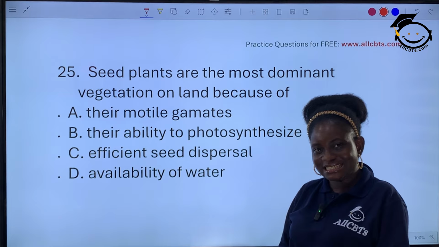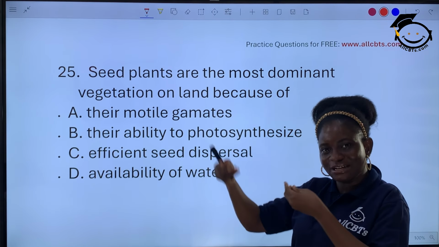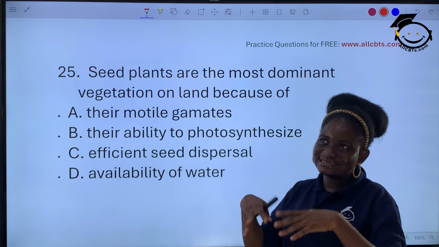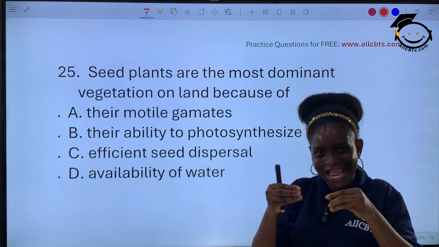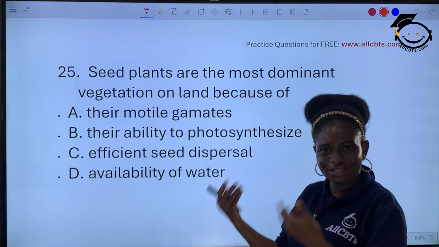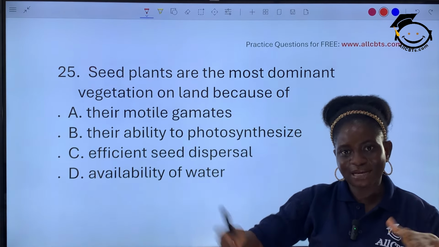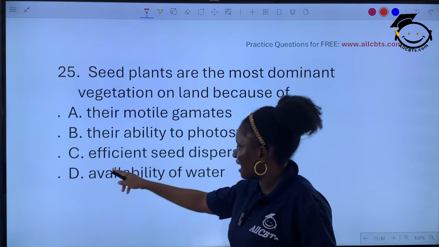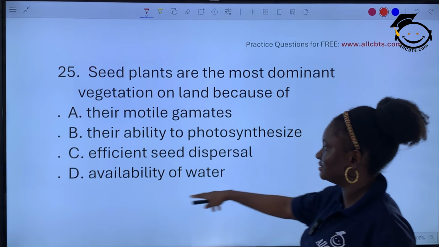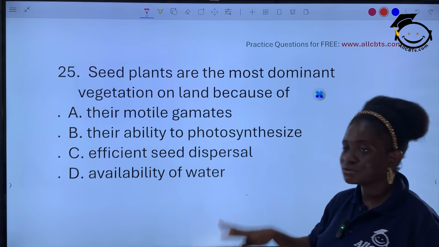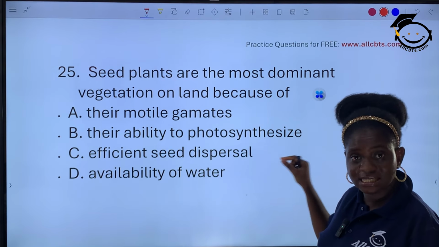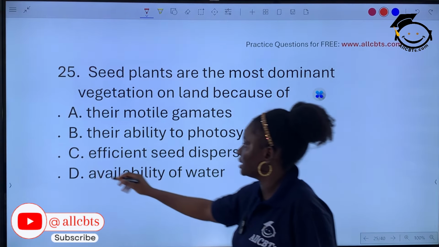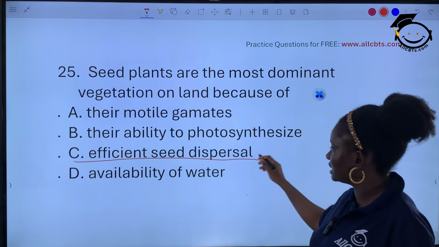If they photosynthesize, they bring out fruits, but that does not necessarily mean that's why they are plenty. If somebody is not dispersing them, there won't be many. So C, efficient seed dispersal. D, availability of water. The one that answers this question correctly is efficient seed dispersal.